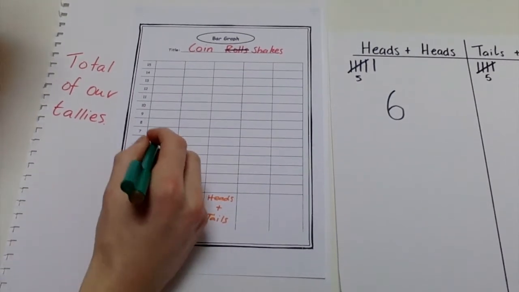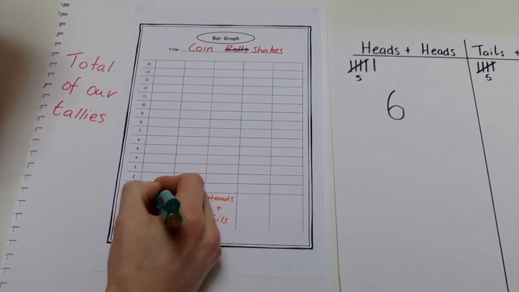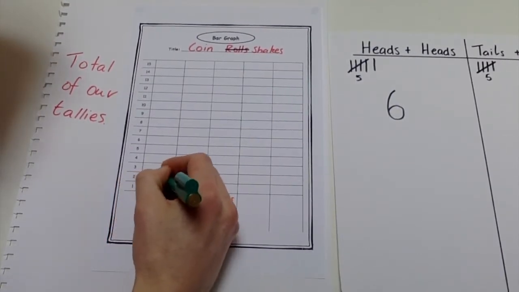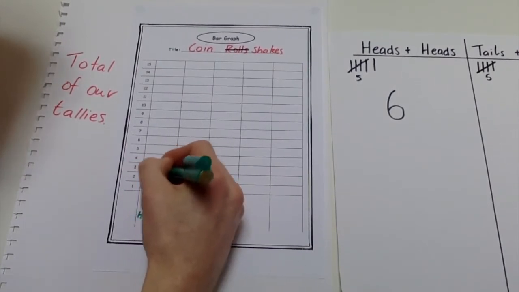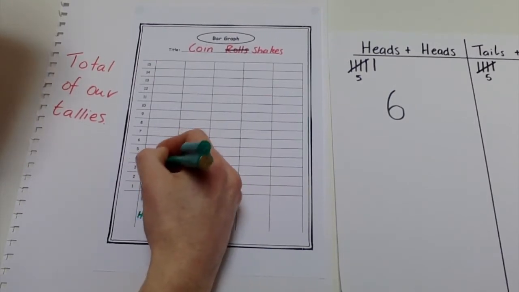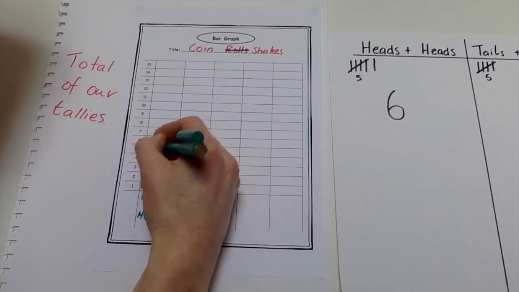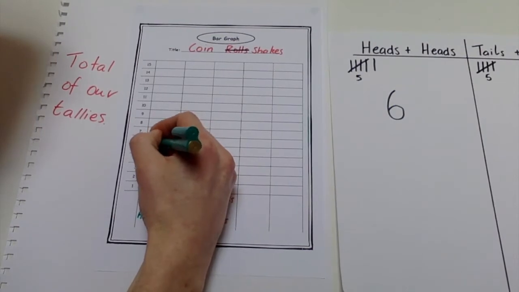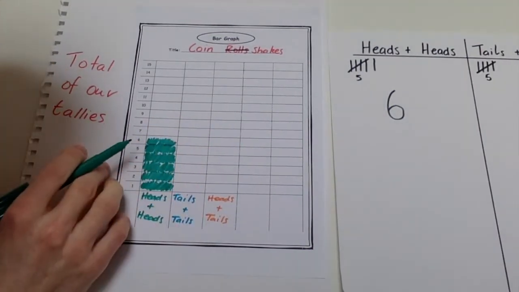Okay, so you can go like this. Okay, so that's 1, 2, 3, 4, 5, and 6.